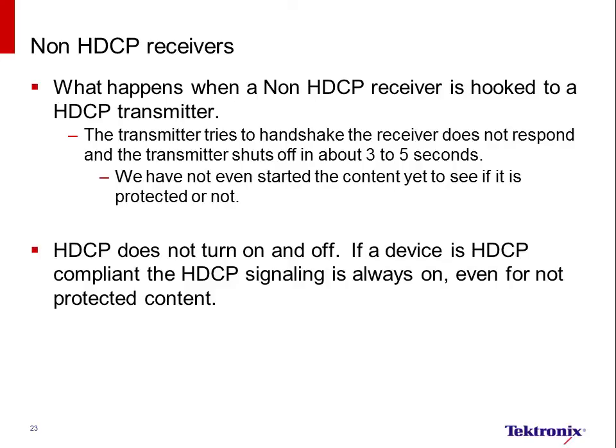So if a set-top box, a Blu-ray player, has the capability of playing DRM'd material, which a Blu-ray player does, it always turns on HDCP. So you could actually take your own home movies, burn them, put them in a Blu-ray player, play them out, and they will come out HDCP'd on the output.